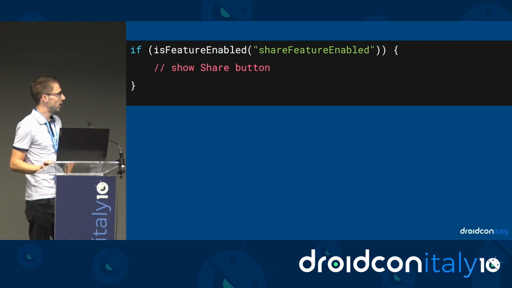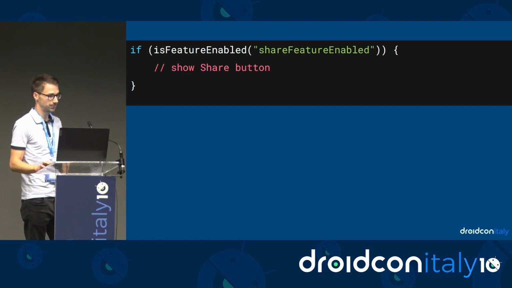The isFeatureEnabled function is just some function that checks on a remote service whether this feature is enabled. And then inside the if, it means that the feature is enabled and you can show the entry point. So in this case, the share button.